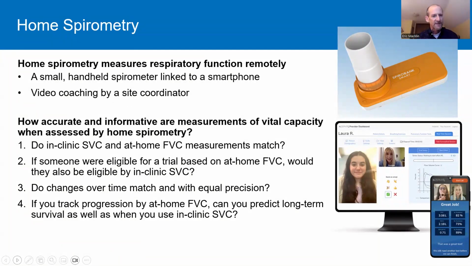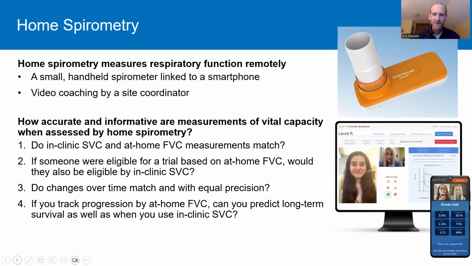Those are, do the 2 things, in-clinic slow vital capacity and at-home forced vital capacity, measure the same thing? If you have a measure of both, do they agree on what that vital capacity is? More operationally, in terms of a clinical trial, most clinical trials set a threshold level of some minimal vital capacity to enroll a participant.